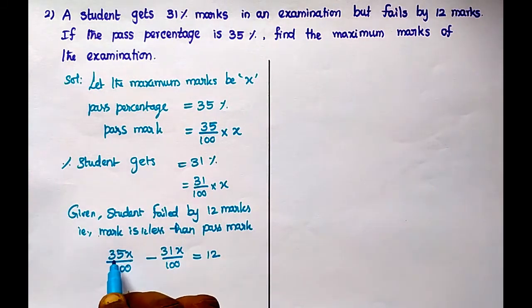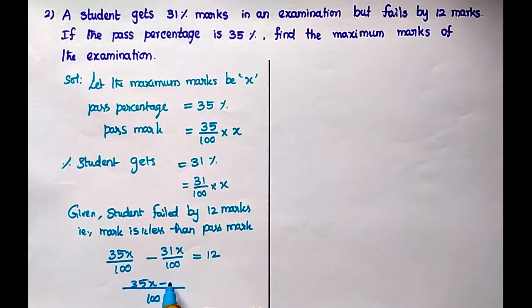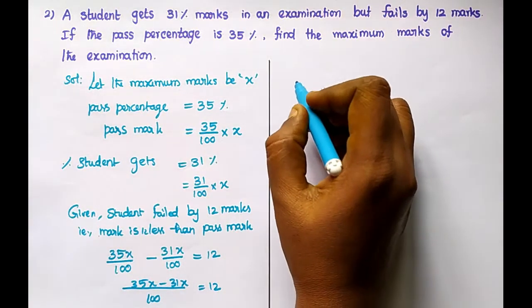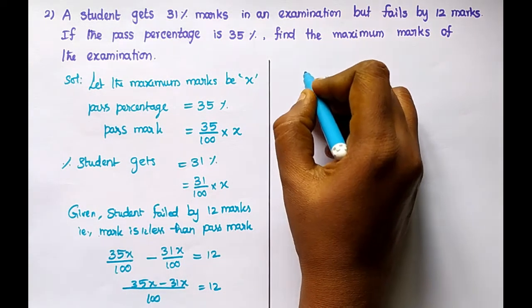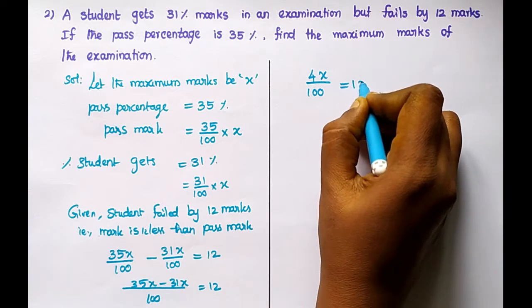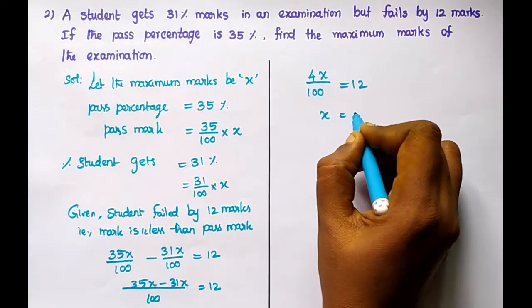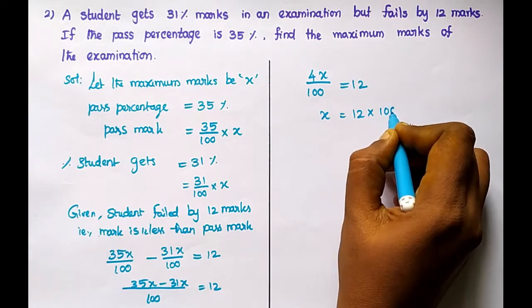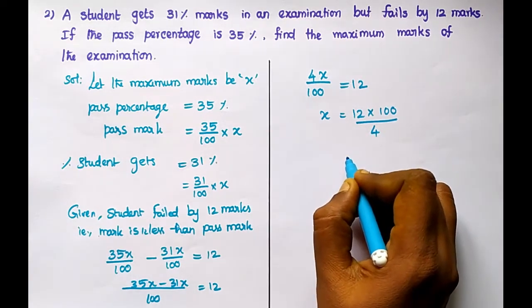So 35x, 100 is in common. So 35x minus 31x equal to 12. 35 minus 31x, 4x by 100 equal to 12. x equal to 12 into 100 divided by 4.